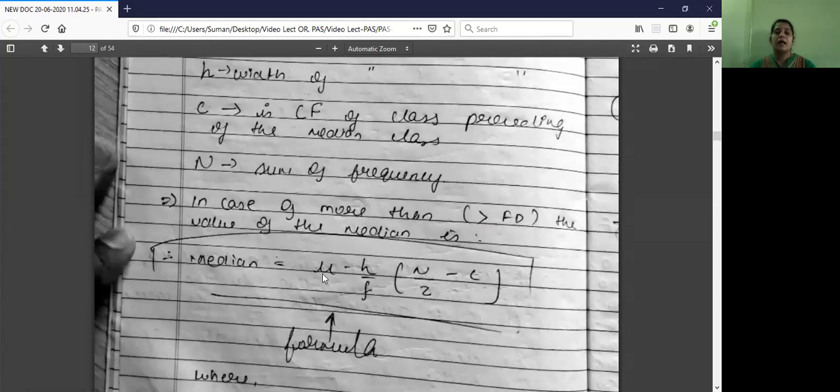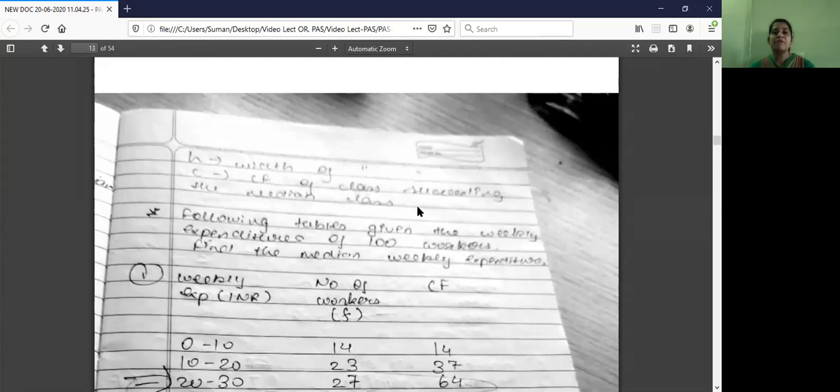U is the upper limit of the median class, H is the width of the class interval, F is the frequency of the median class, capital N is the sum of frequency, and capital C is the CF of the class succeeding the median class. Okay, what is preceding and succeeding?